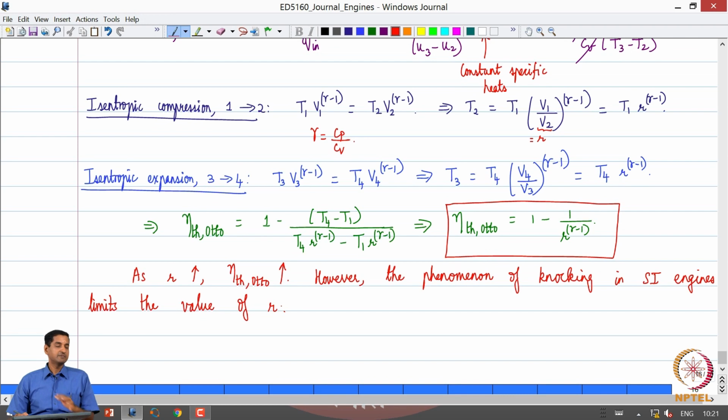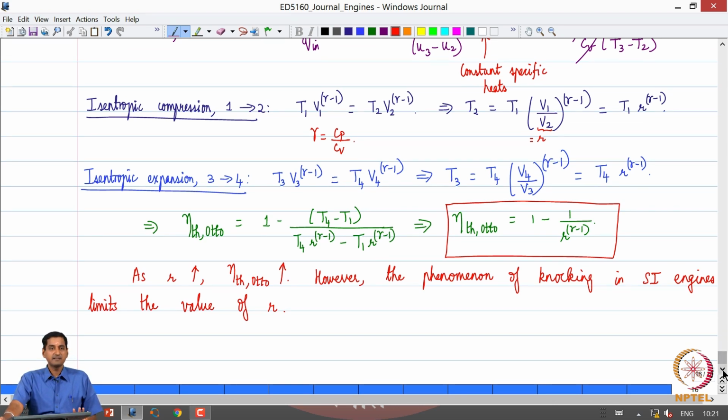There is something called knocking in SI engines, which restricts the value of R. We'll look at that later, when we come to the analysis of the combustion process in SI engines.